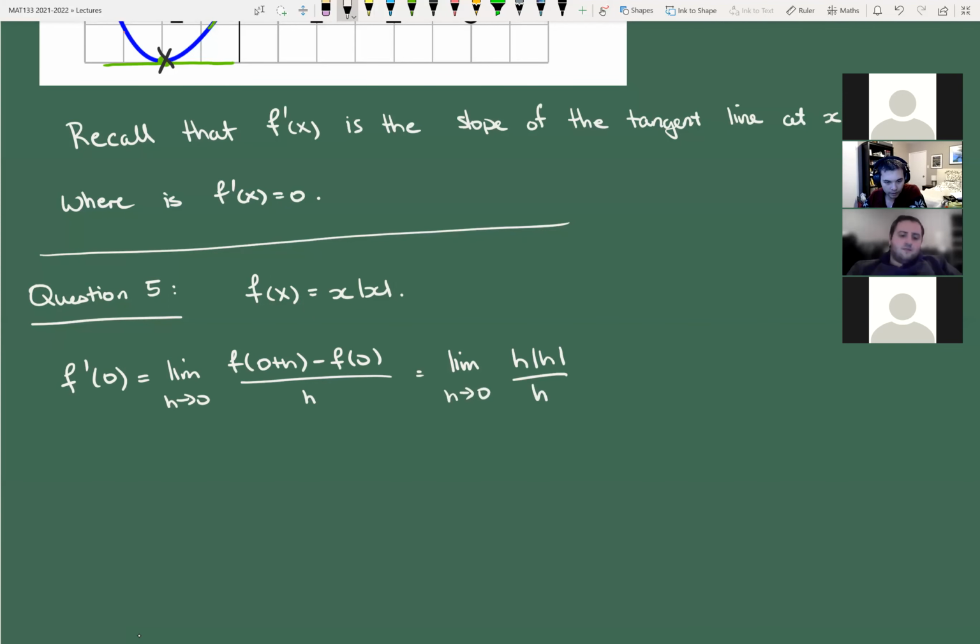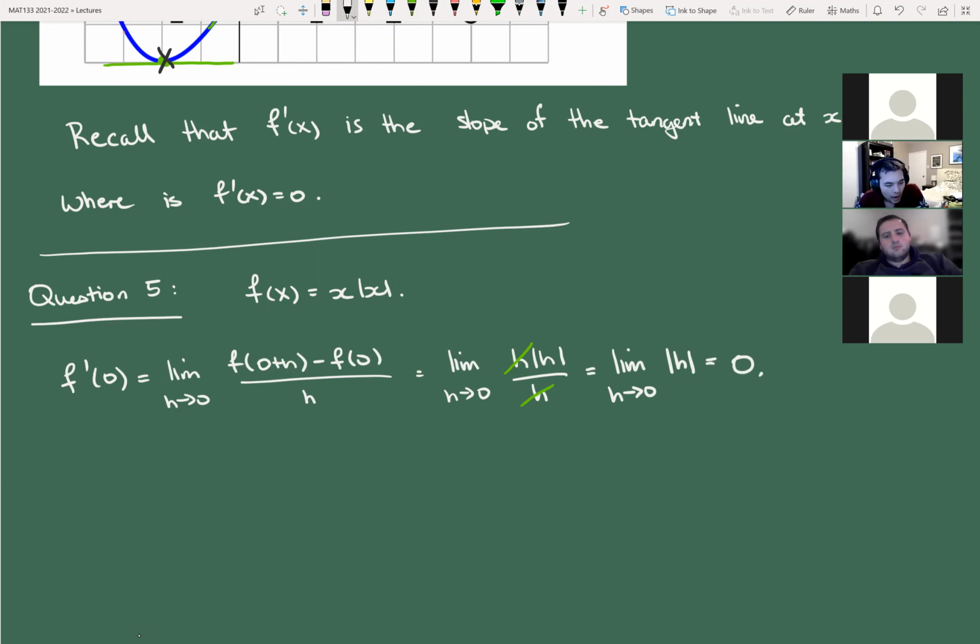Does everyone agree with that? Like that limit works out like that? Okay. Now the h's cancel, so those disappear. We get the limit as h goes to 0 of the absolute value of h. That function is continuous, so we can just plug h equals 0 into that, and boom, we're done.